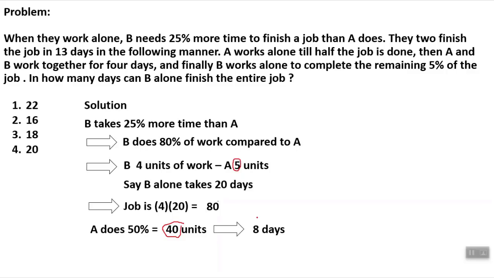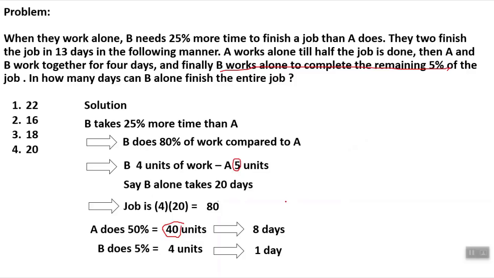At the end, B works alone to complete the remaining 5%. What is 5% of 80? 4 units. So B does 4 units alone at the end, and his rate of work is 4 units anyway. So he will take 1 day to complete the job at the end.